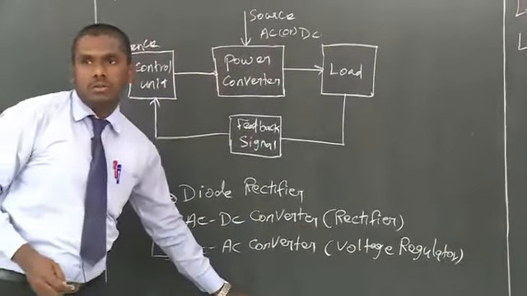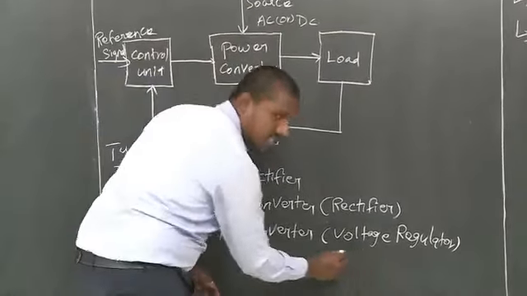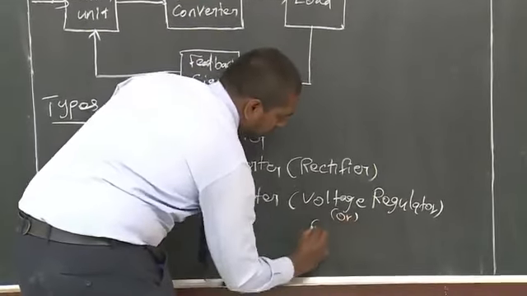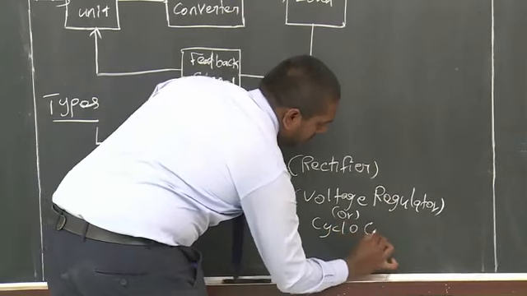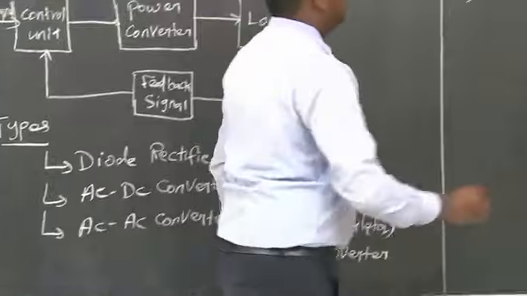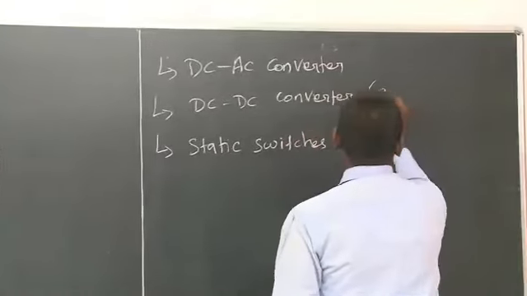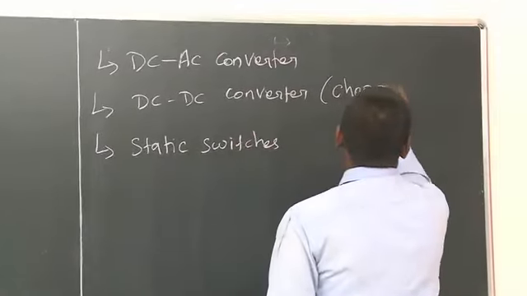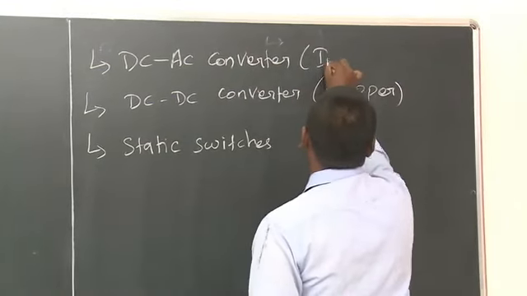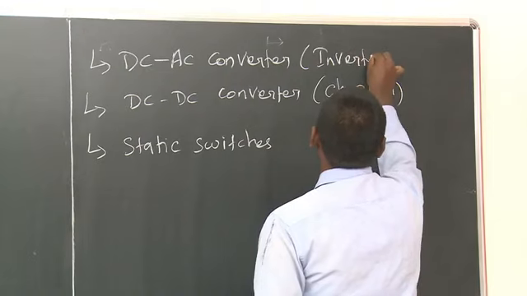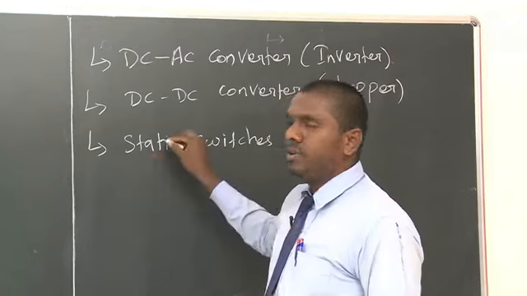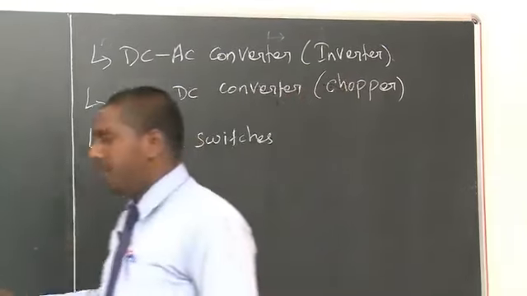The voltage controller's other name is cycloconverter. Then the DC to DC converter's other name is chopper. The DC to AC converter's other name is inverter. So based on these types, we have to discuss any one type.